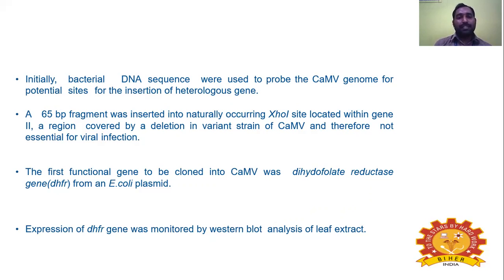Once the foreign gene is inserted, it can be easily cloned in the cauliflower mosaic virus, and this can produce the dihydrofolate reductase gene from E. coli plasmids. And the expression of the DHFR gene is monitored by Western blotting of leaf extract.